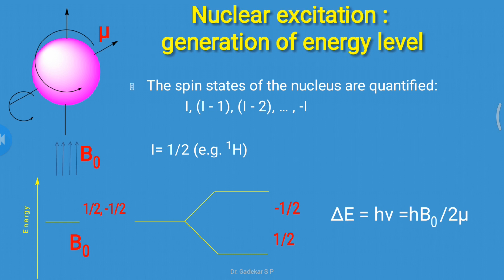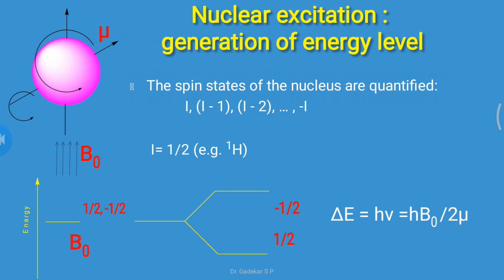This energy difference we calculate as delta E equal to h mu, which is equal to h B0 upon 2 pi, where B0 is the applied external magnetic field.